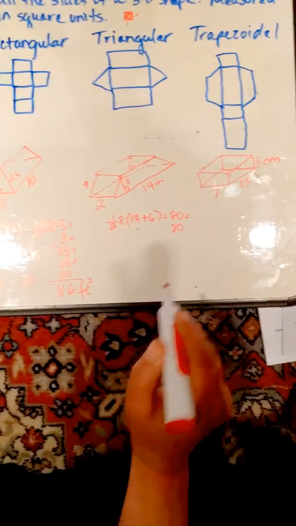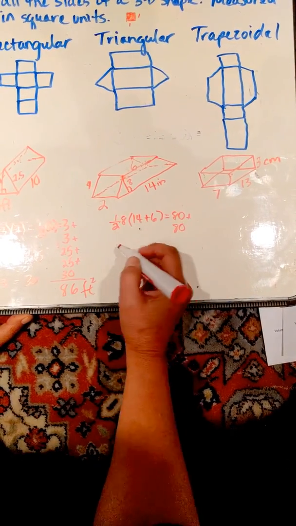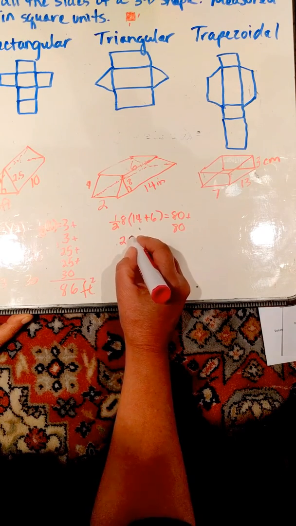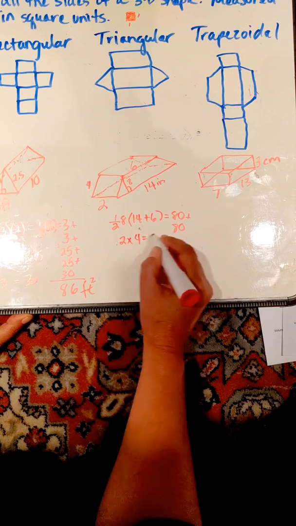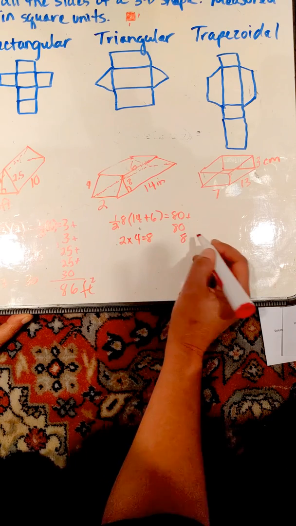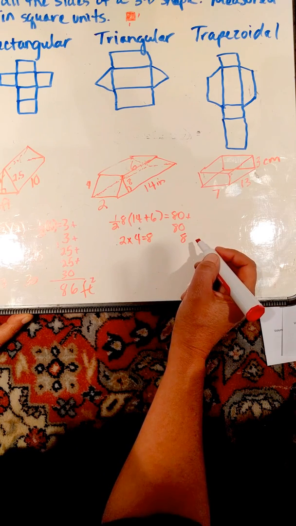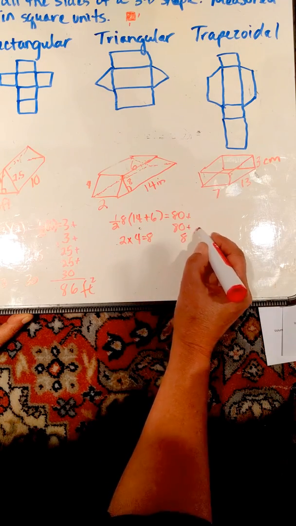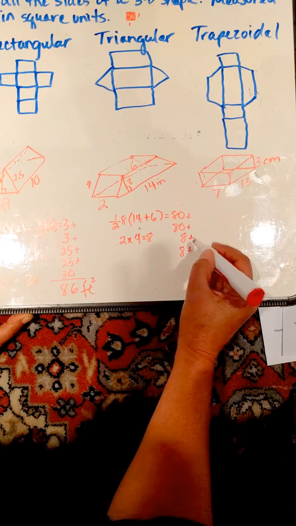Let's say 4. Okay. 2 times 4 is 8. So I'm going to add 8 to that. And I'll add 8 to the other side as well. So 8 plus 8.